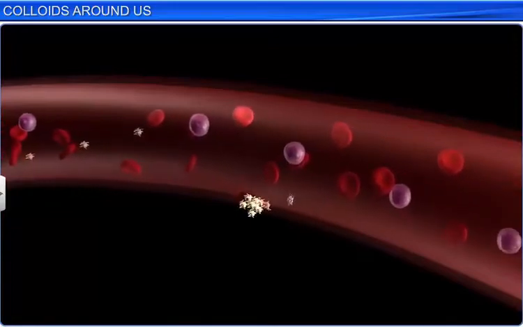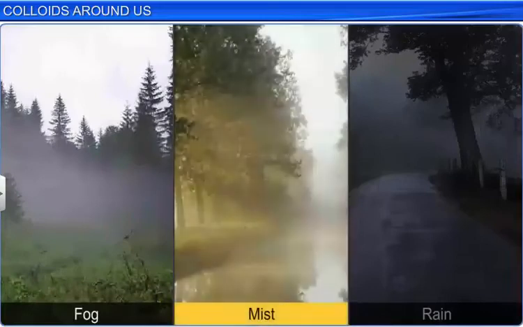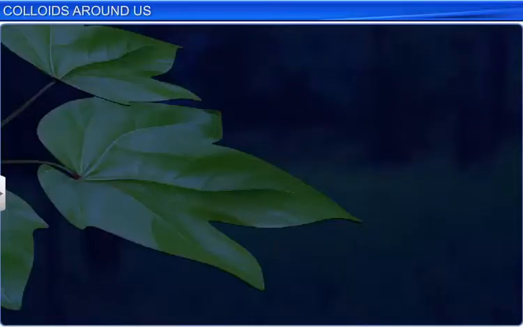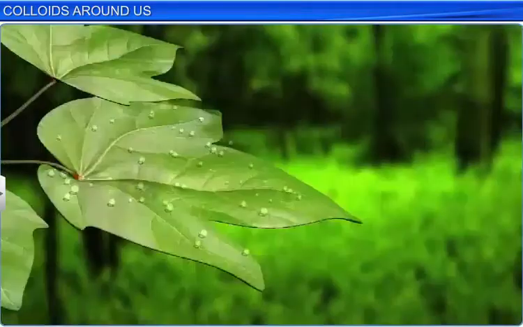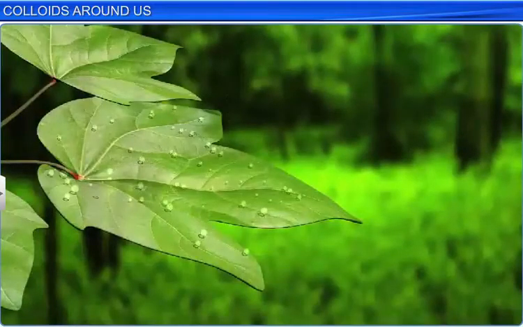Fog, mist, and rain are all colloidal in nature. In winter, at night the moisture in the air condenses on the surface of dust particles, forming tiny droplets. These droplets, being colloidal in nature, float in the air, forming mist or fog.